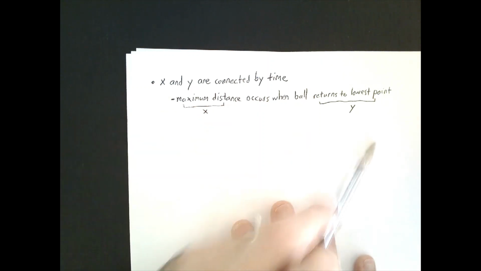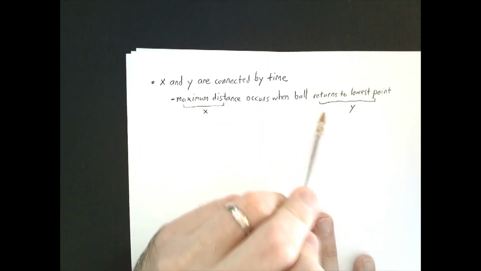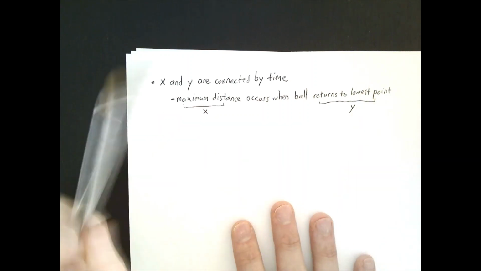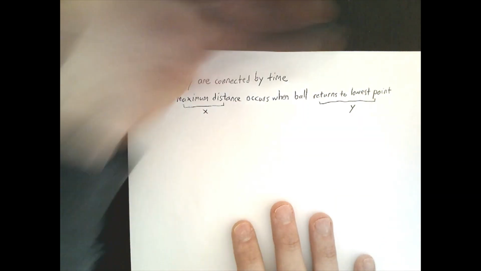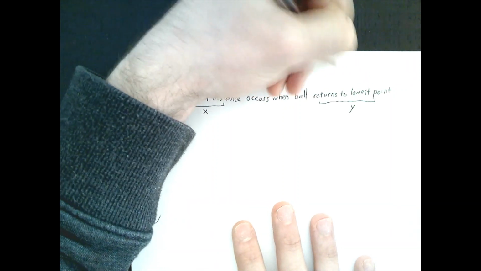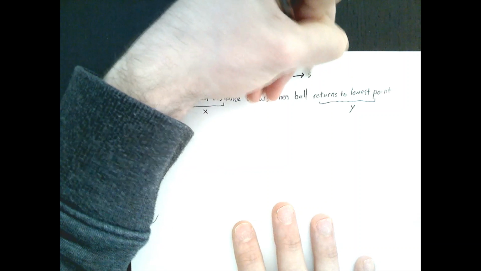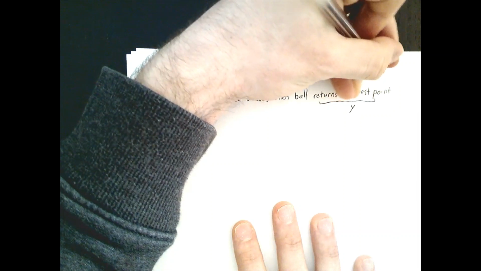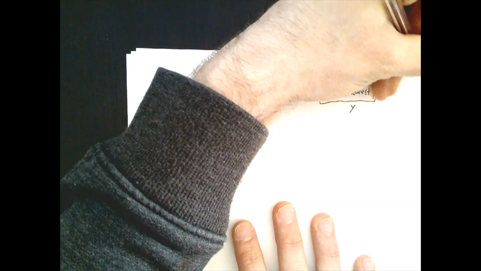So once I figure out how long it takes to return to the lowest point, that's the same time at which it reaches its maximum distance. So you're generally going to solve a system of equations with t as your intermediate variable that connects them. So you're going to solve two equations together with t connecting them.